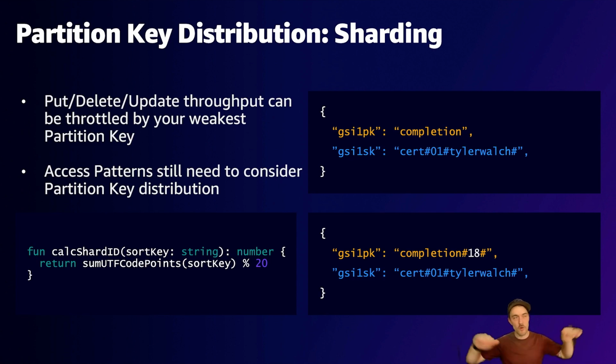So while before it was maybe 200,000 completion certificates under one partition, now it'll simply be 10,000 completion certificates per partition key, because there'll be 20 shards.